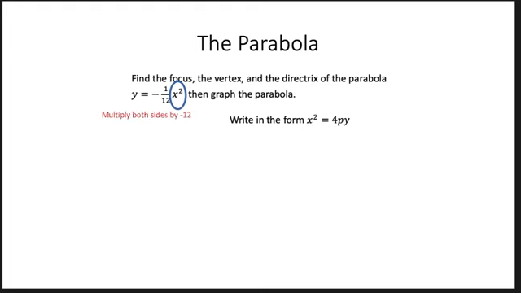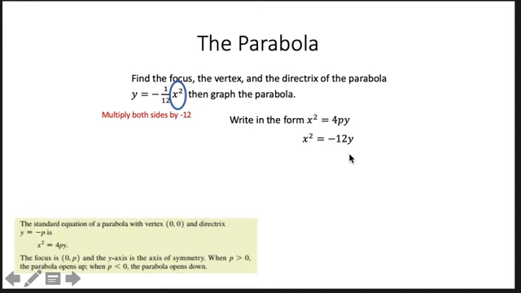I'm going to manipulate the equation, multiplying each side by -12, simply to get x squared by itself. When I do that, I get x squared is equal to -12y. Okay, so now we're in the right form.